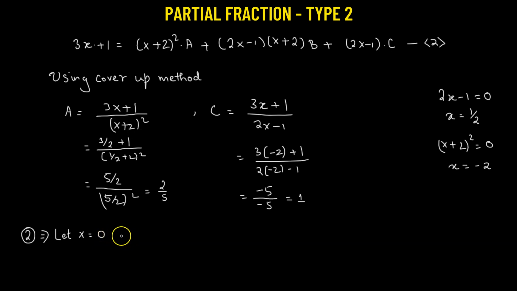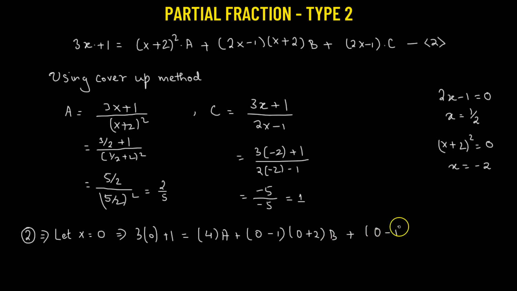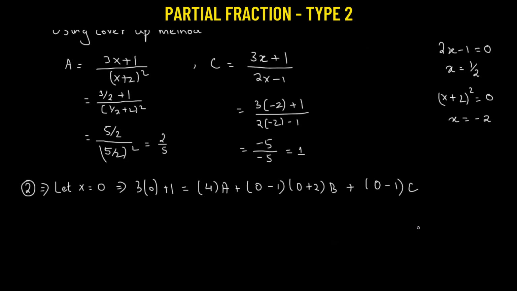If we substitute it back into the equation, we have 3 times 0 plus 1 equals 0 plus 2 squared, which is 4, times A, plus (2 times 0 minus 1) times (0 plus 2) times B, plus (2 times 0 minus 1) times C. Let's check what the value comes out to be. So 3 times 0 is 0. So we have 1 equals 4A minus 2B minus C.